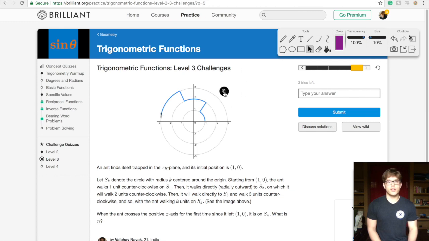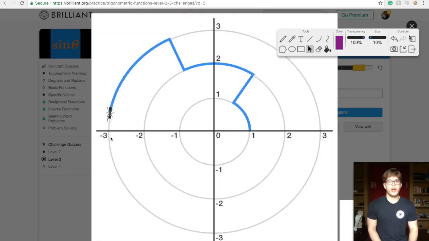Okay. So I hope you followed what I was saying, but if you didn't, it's saying the ant is starting at this position. It walks 1 unit, and then it radially goes outward to S sub 2. It will go 2 units, then go up 3 units.